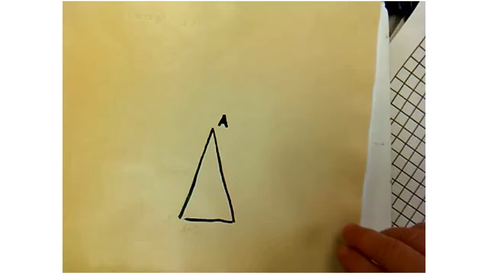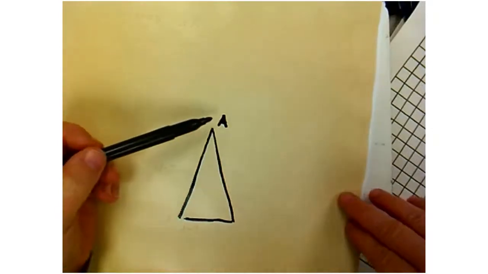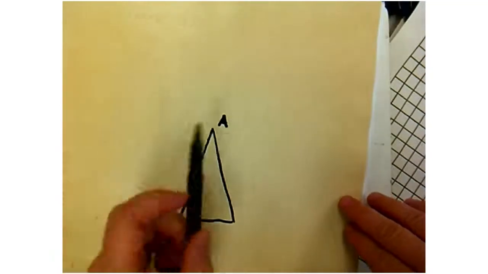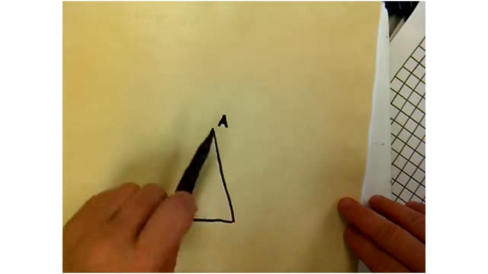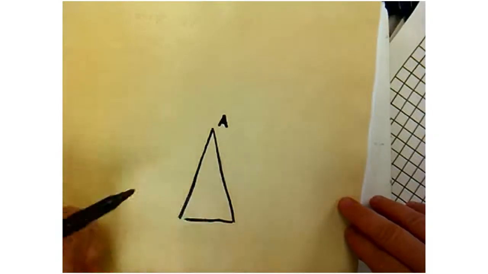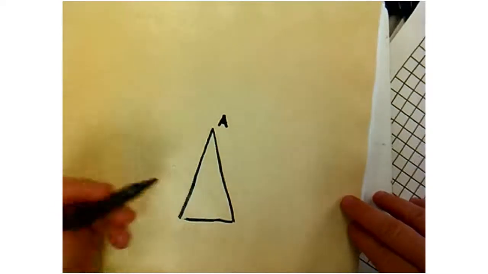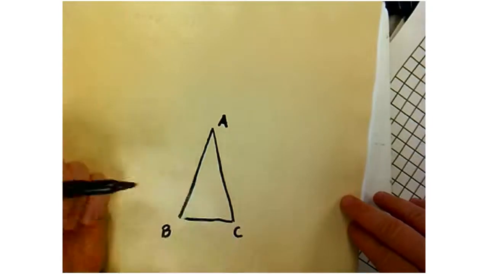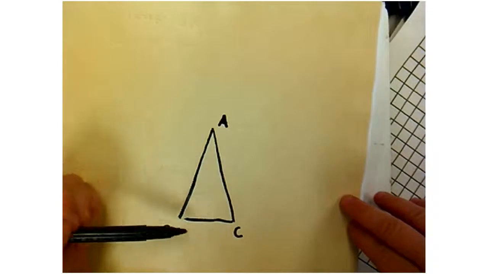So you put on your brains and you go, oh, that's right. If I'm told I have an isosceles triangle with vertex A, that means the 2 sides coming together to make the vertex are my legs. Those are my congruent sides. So we have a triangle with A at the top vertex, B at the bottom left, and C at the bottom right. And we know that BC is our base.